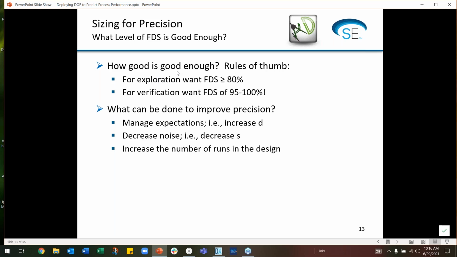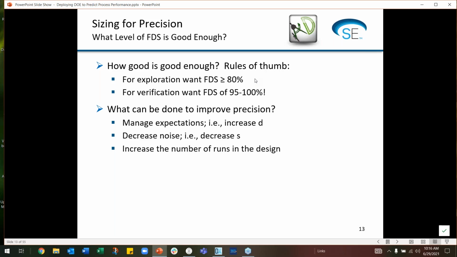So as I just said, how good is good enough? Here's a couple of rules of thumb. If we are just looking for an optimum, and so we are exploring our region, our area of interest, then a general rule of thumb is to get an FDS greater than or equal to 80%.